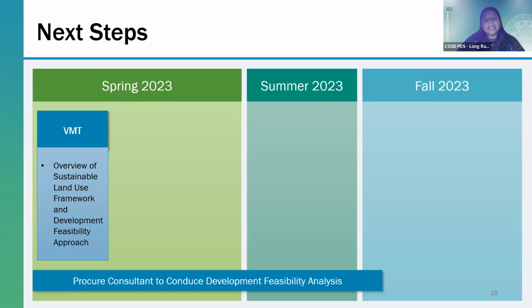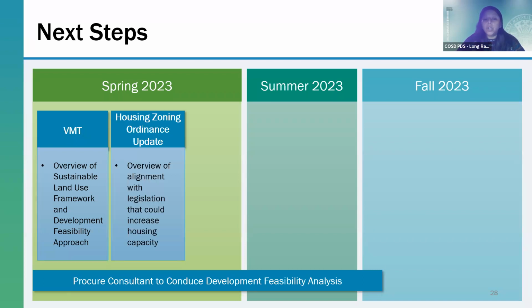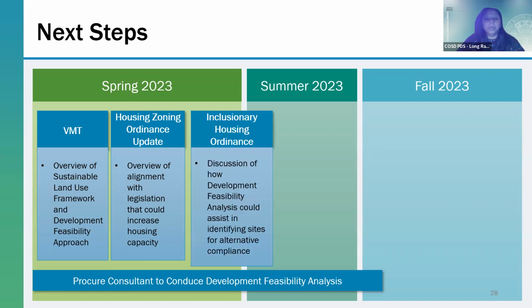Then over the next 6 months, we anticipate returning with updates on the progress of the development feasibility analysis and options for a sustainable land use framework, including an overview of alignment with recent legislation that could further increase housing capacity as part of the housing zoning ordinance update. This would be in spring 2023.